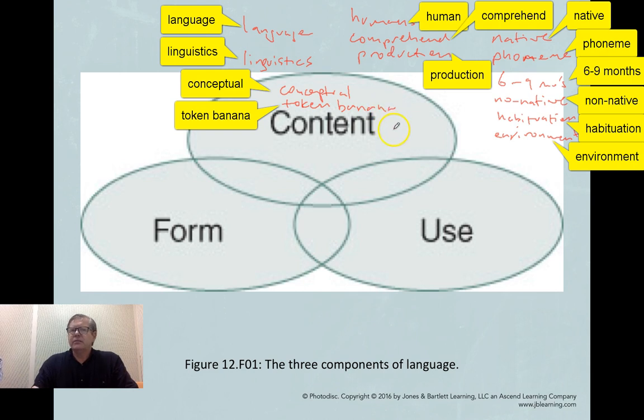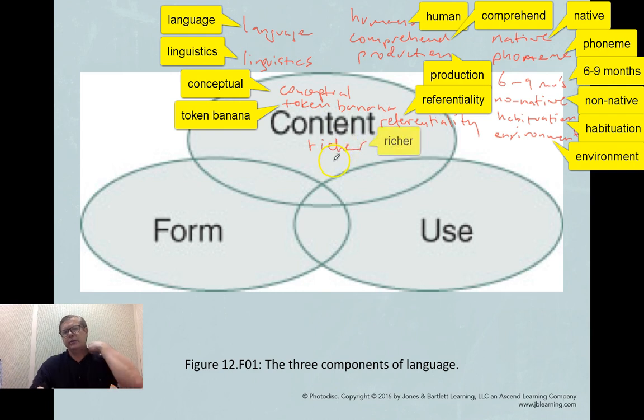And actually we can observe that chimps would begin to learn how to use the token to ask for a banana. So this is a form of referentiality that the linguists like to talk about, which is not unique to humans, but the content of human language is definitely more sophisticated. We don't use colors to represent an object. We have a much richer content to the language for representing the concepts that we know.